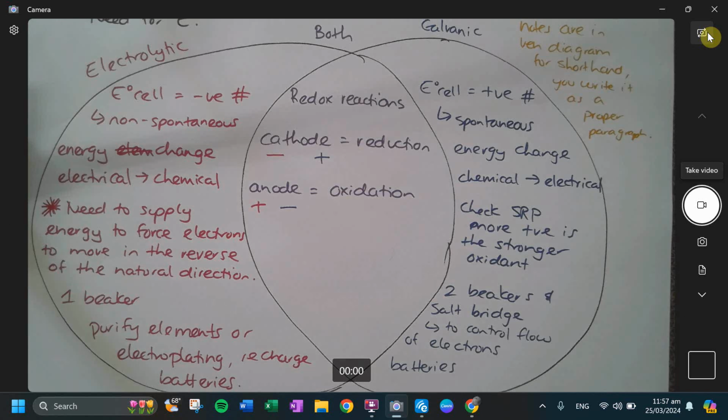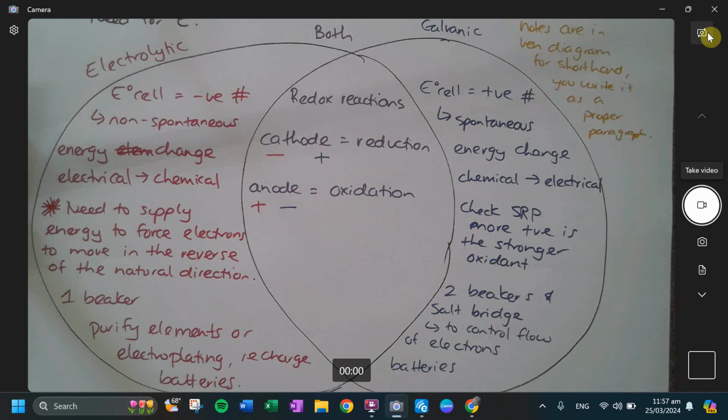If you want to add some extra information, you can say that the electrolytic is going to need energy to force the electrons to move in the reverse of their natural direction. Other things, galvanic, you need to figure out which one is the stronger oxidant. You could also compare the setup of these cells as well. So electrolytic, 1 beaker; galvanic, 2 beakers and a salt bridge.